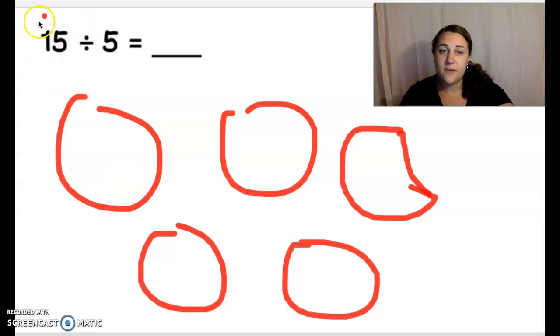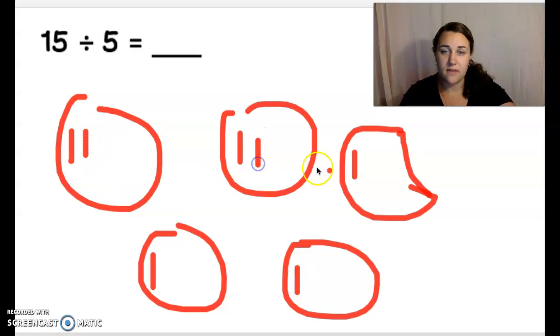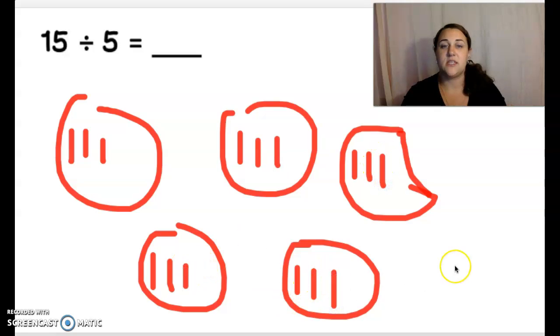Now I have to take my 15 and divide it evenly amongst all of these groups. So I want everyone to count with me. We're going to count to 15. So 1, 2, 3, 4, 5, 6, 7, 8, 9, 10, 11, 12, 13, 14, 15.